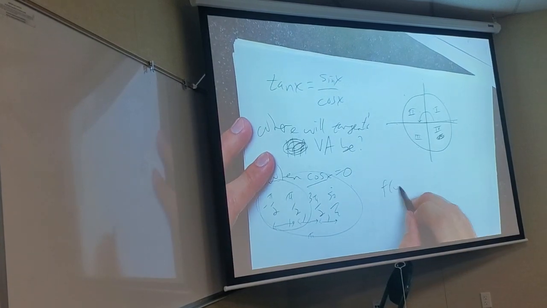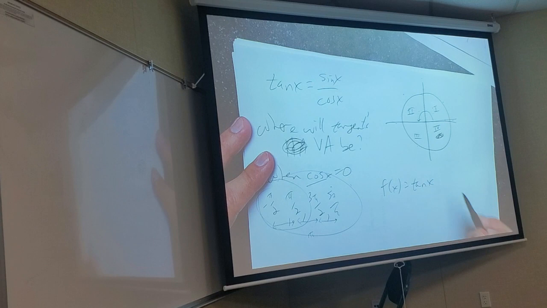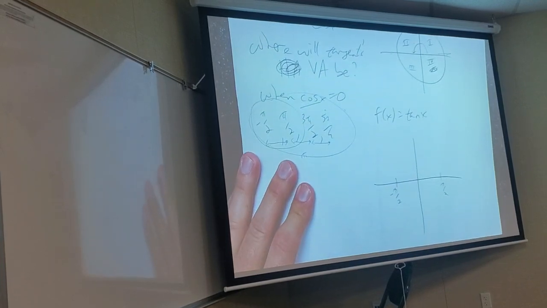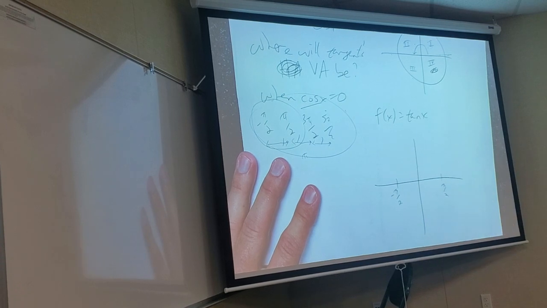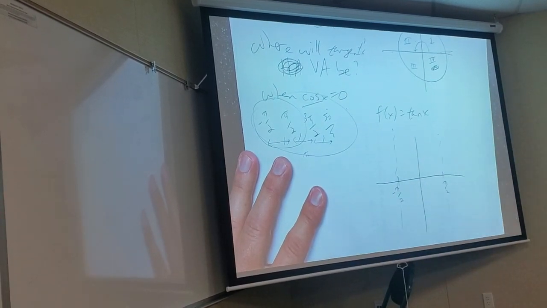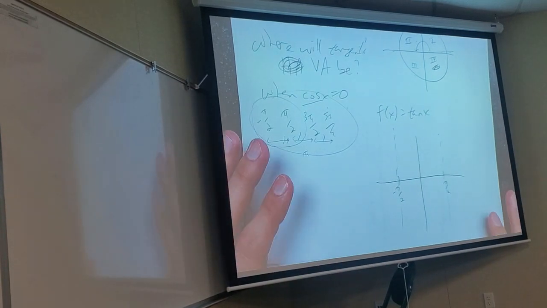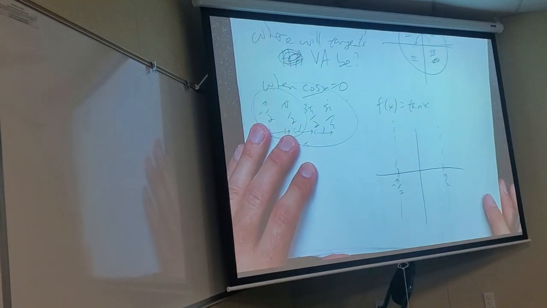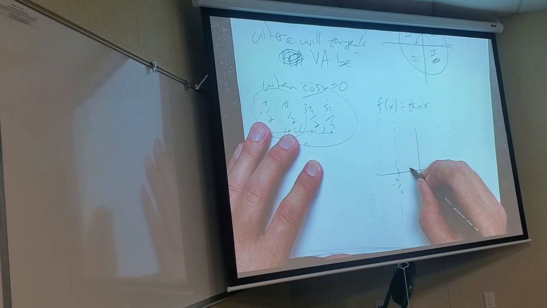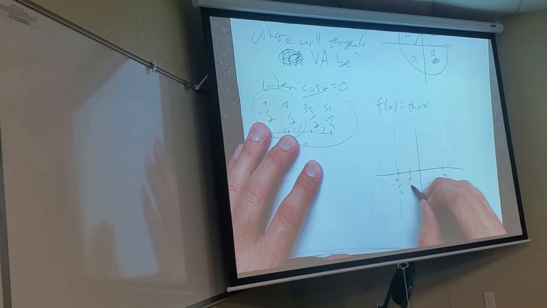So if I want to graph tangent, we're going to do it specifically one cycle between these two. We already said there's asymptotes at negative pi over 2 and pi over 2. Now, can somebody help me out? Negative pi over 4.